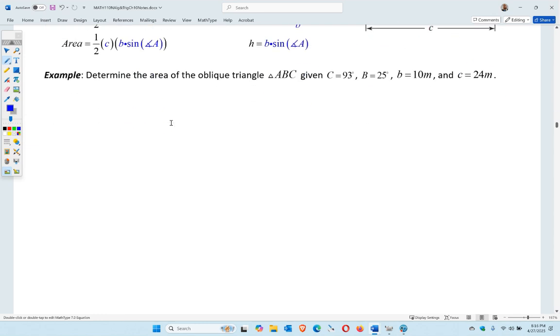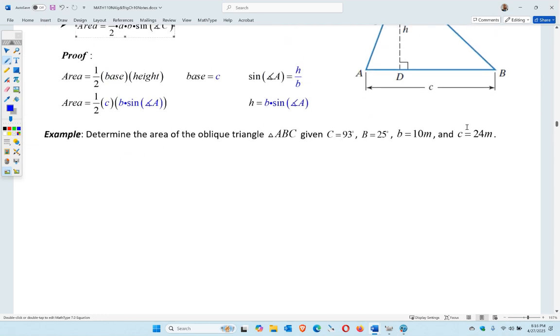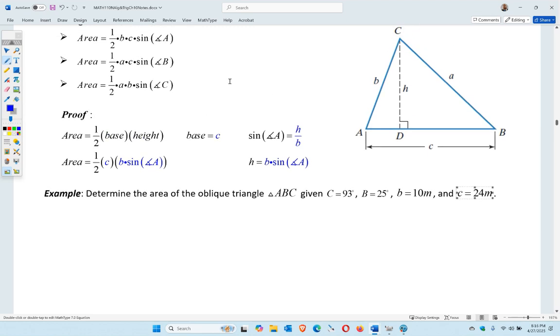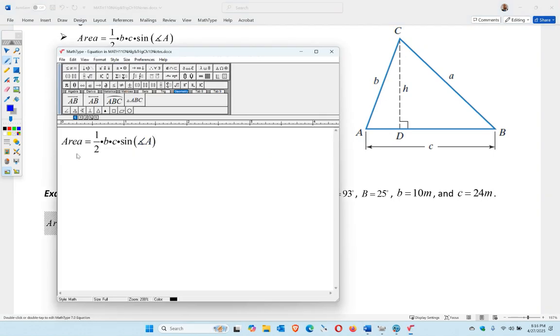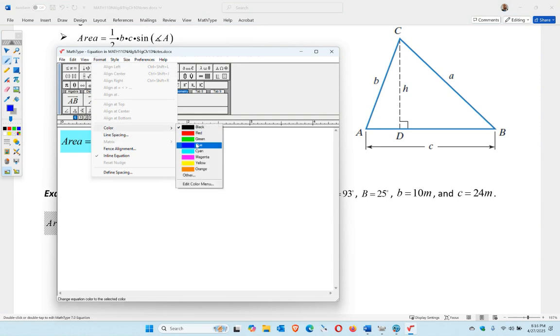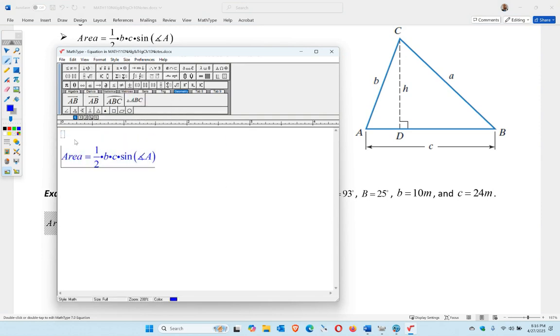Okay, so if I look here, I have sides B and C, but I don't have side A, which means I need angle A to be able to do this. Because B and C are the sides, therefore I need A as the angle. So I need this version right here, because I'm missing the A angle. But I can get the A angle. So let's make this blue. Format, color, blue, and move it down. I do have a couple of angles here.